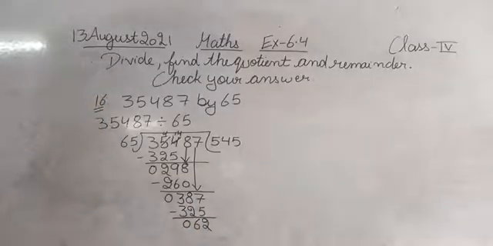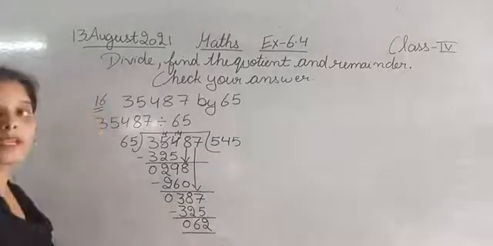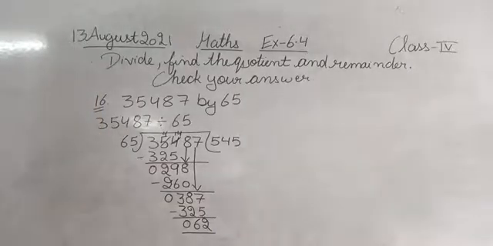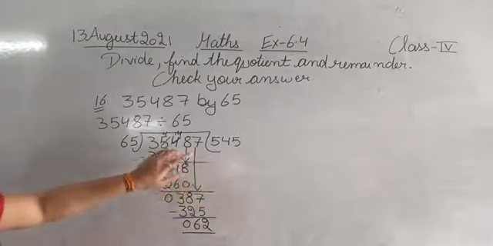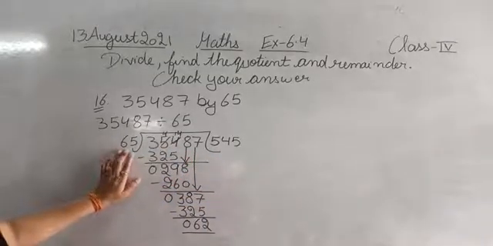So now next we don't have any other number in the dividend. That means this is our remainder. The remainder is 62. So remainder is 62, quotient is 545, dividend is 35,487 and the divisor is 65.